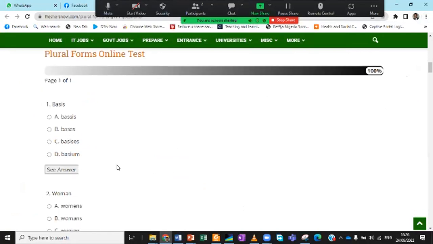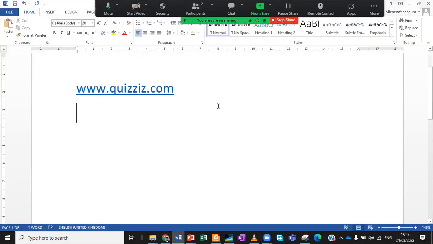Like the plural for basis. If I ask you the plural for basis, which one will you pick? Bases. Yeah, so it's B. Let me give you the rule again. Basis is basis.